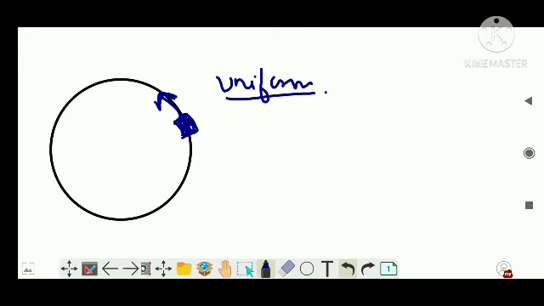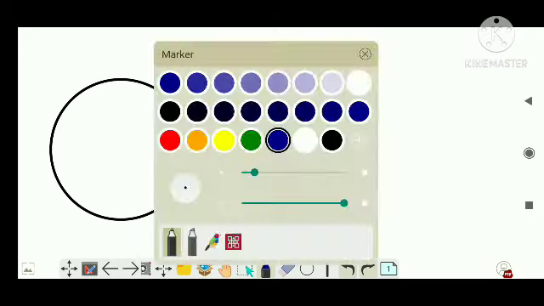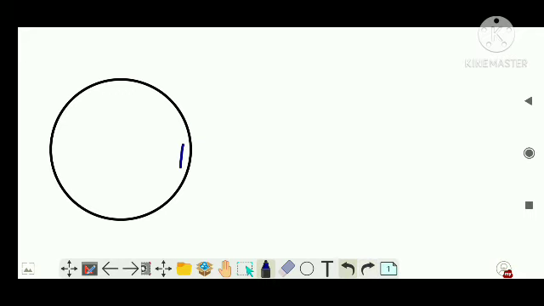Now let us consider it here itself, in this circle. I don't want to draw another circle. In this circle, there is a body B, and it is moving. The circle which I have drawn is the circular path of this object B. Now let this be its initial position P1, then its position has changed to P2 after traveling for a time.